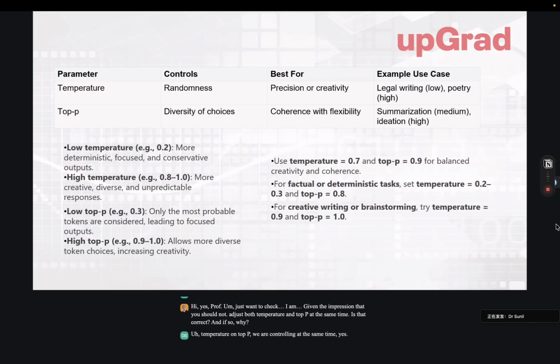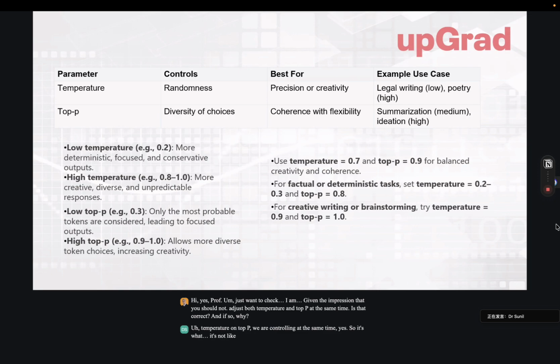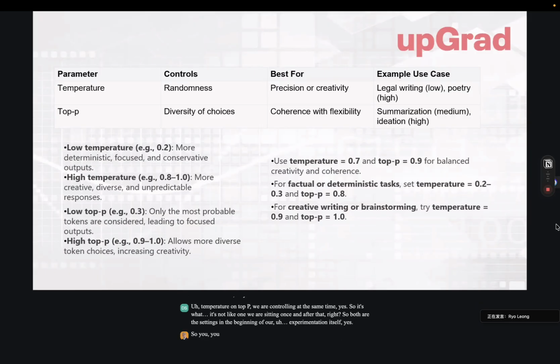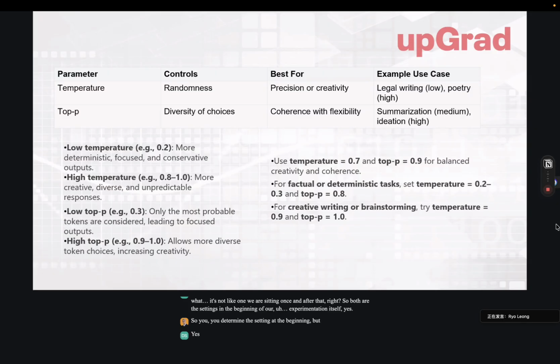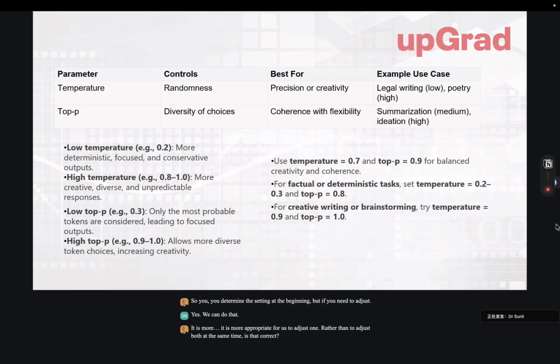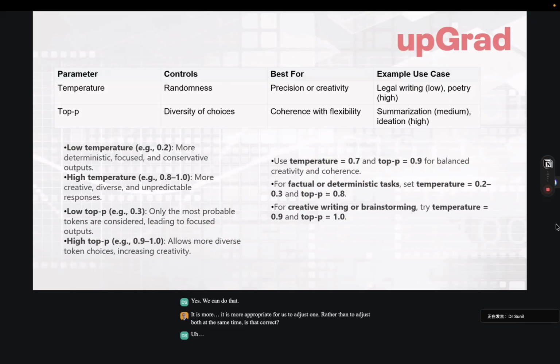Yes. So it's not like we are setting one once and after that, right? Both are settings at the beginning of our experimentation itself. So you determine the setting at the beginning, and if you need to adjust, we can do that. Is it more appropriate to adjust one rather than both at the same time? We can adjust both as well.